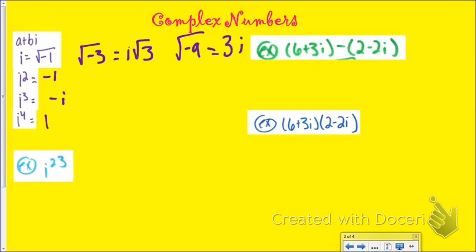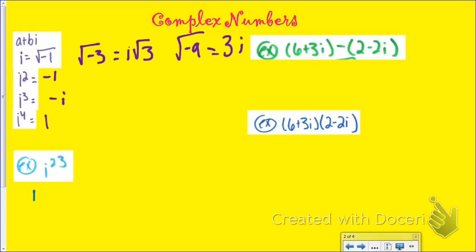Now, if i to the fourth is 1, this pattern will start to reset after the fourth. That means that every i raised to a multiple of 4 is going to be 1. So that means that i to the fourth, eighth, 400th, any of those would be a positive 1. So if I want to evaluate something like i to the 23rd, what I need to do is find the closest multiple of 4 that doesn't go over that.